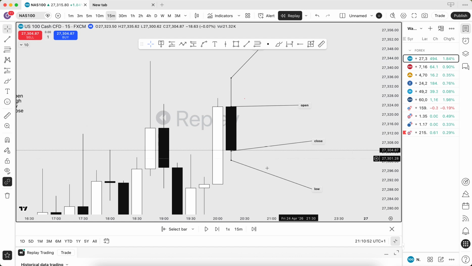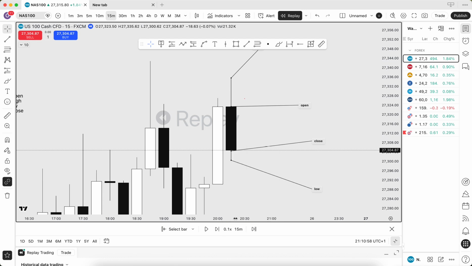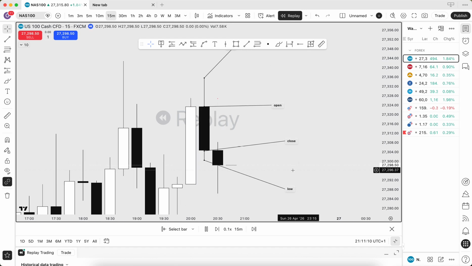Now let's watch what's going to happen. I'm going to reduce this to 0. Now watch. You see the next candle open from here. It has opened and went down a little bit. Now I want you to understand something.